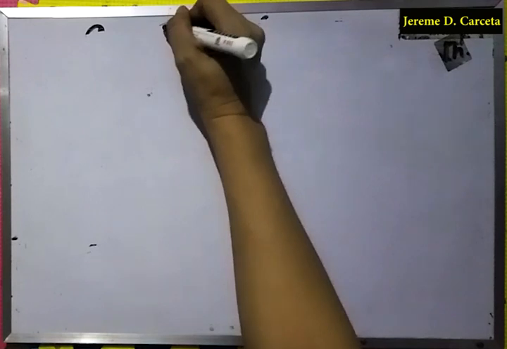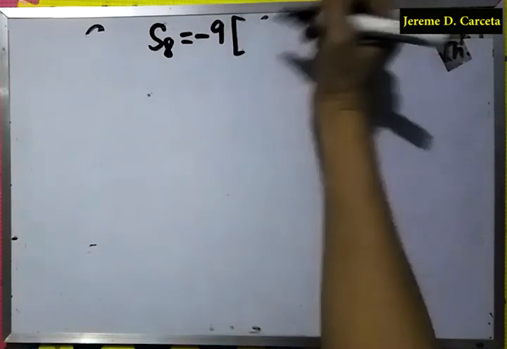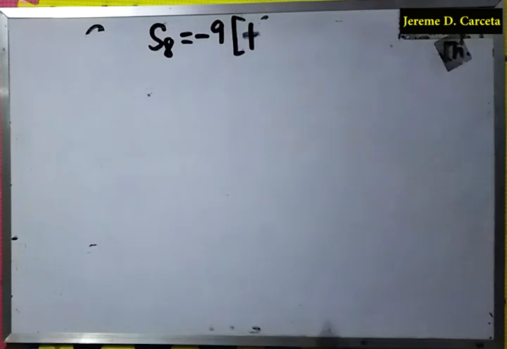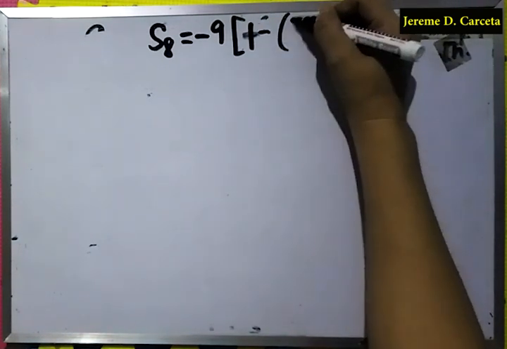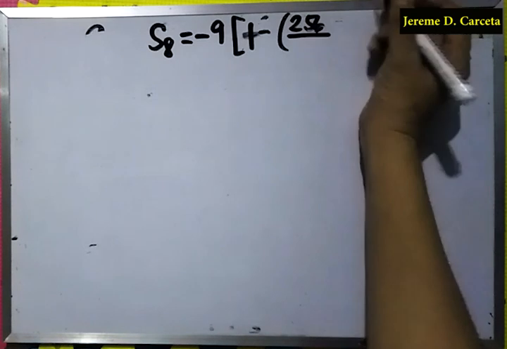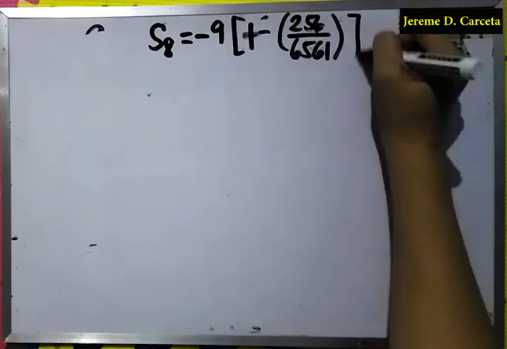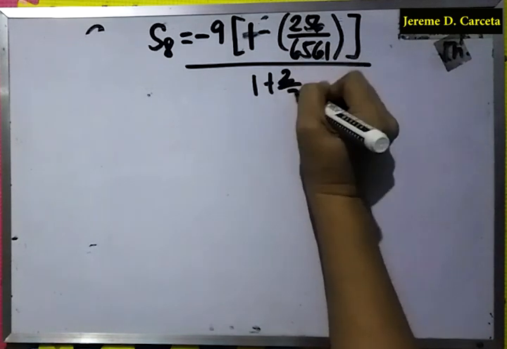To continue again, we have S of 8 is equal to negative 9 times the quantity of 1 minus 256 over 6,561 all over 1 plus 2/3.